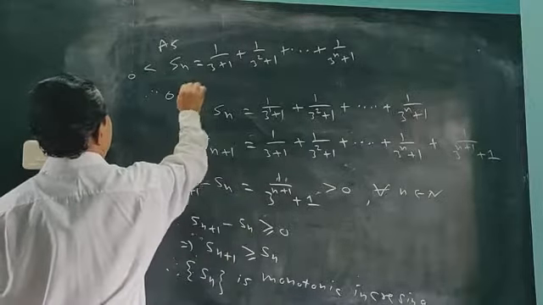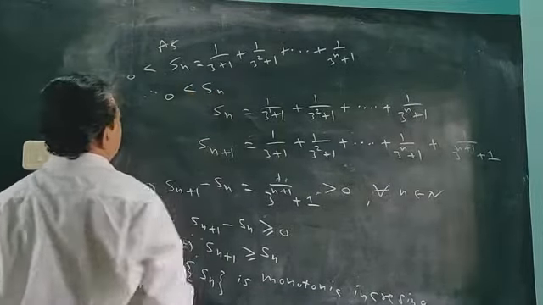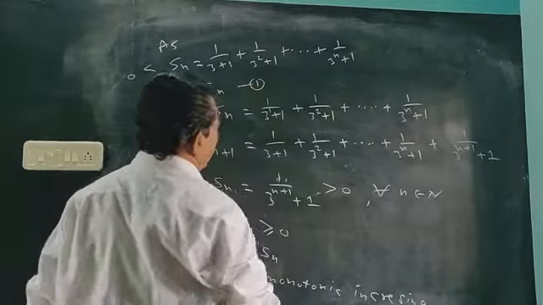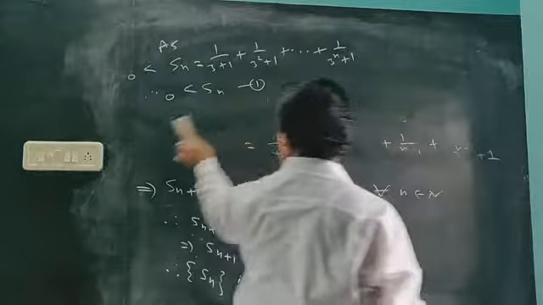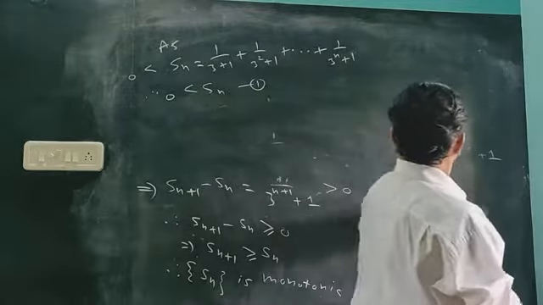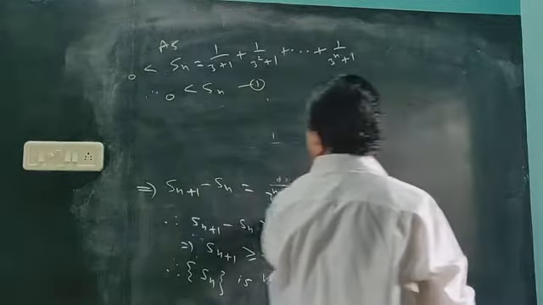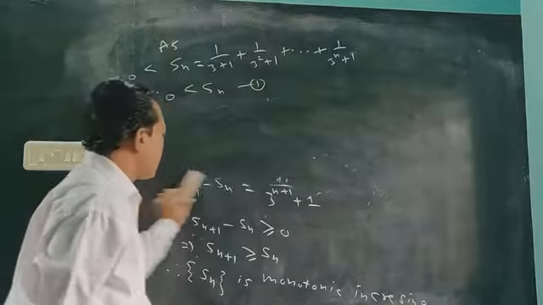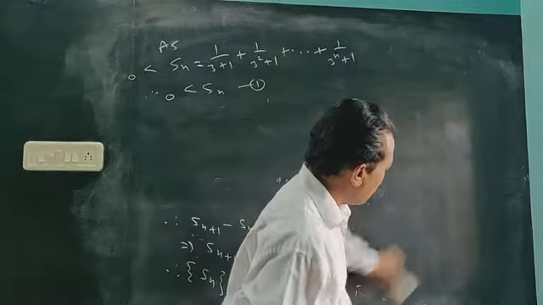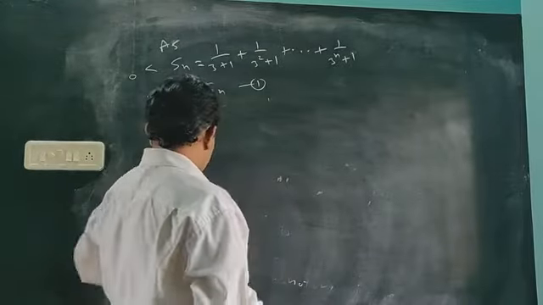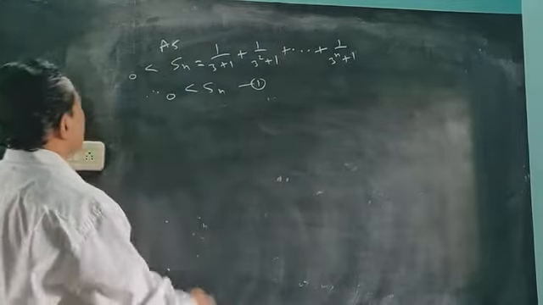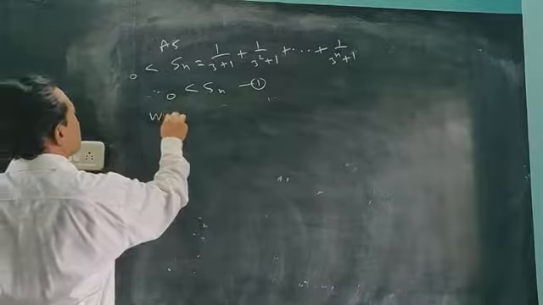So Sn will be greater than 0. I want it now less than some term. Bounded means it lies between two values. So greater than 0 and less than some term is bounded, both sides, lower bound as well as upper bound.